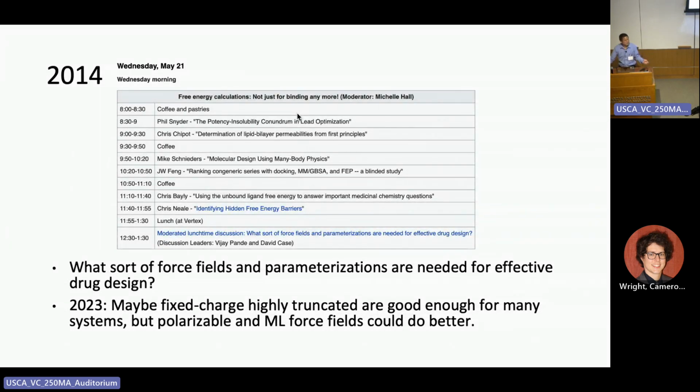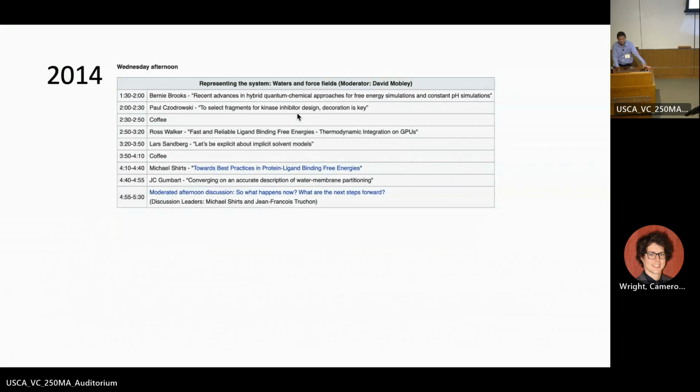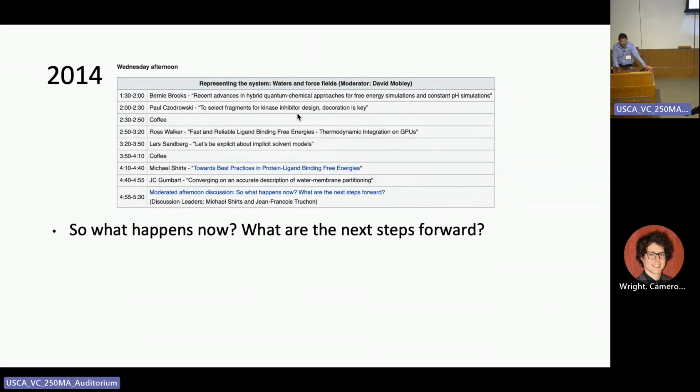But it seems to be pretty good, or good enough for many systems to at least guide the discovery in some sense, and you can get better, as Jay was talking about yesterday, with a polarizable force field. And there's machine learning force fields coming out that could do even better. So I'm optimistic that we are at a point where we can be helpful for drug design, which we were not in 2014. Or we weren't convinced that we were.